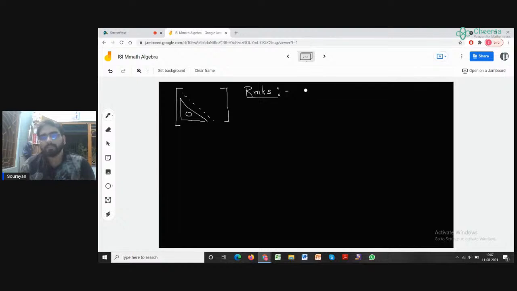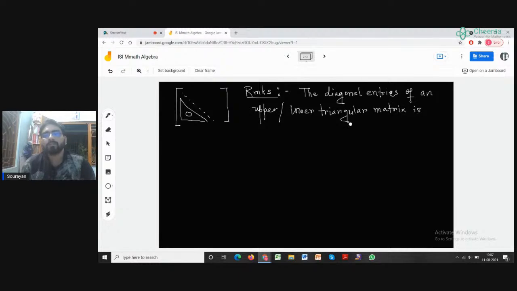This is one of the important remarks that will be used: the diagonal entries of an upper or lower triangular matrix are the eigenvalues of the matrix.